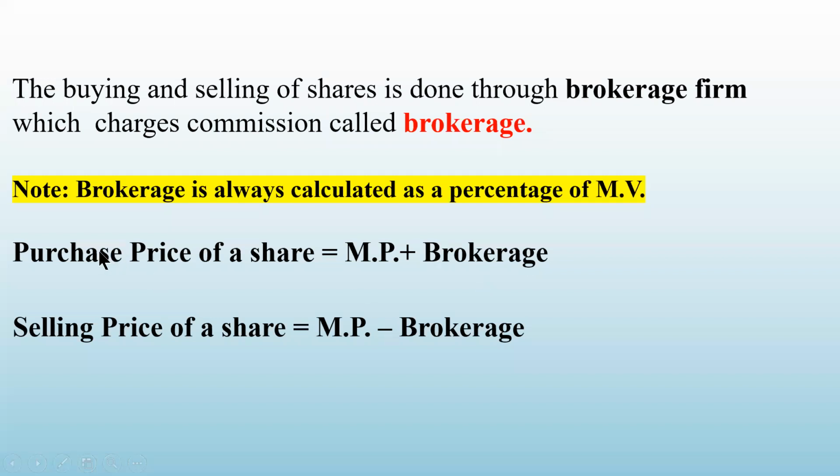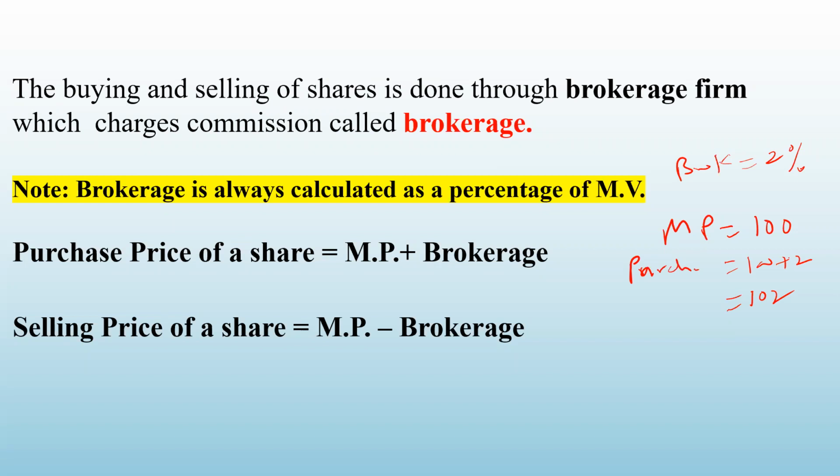For example, if the market price of a share is say 100 rupees, and you are paying the commission or brokerage at 2%, then for you the purchase price will become 100 plus 2, that is 102. And if you are selling the shares, you will receive the payment.